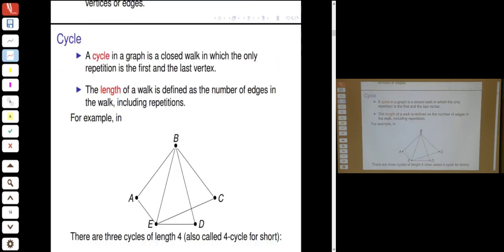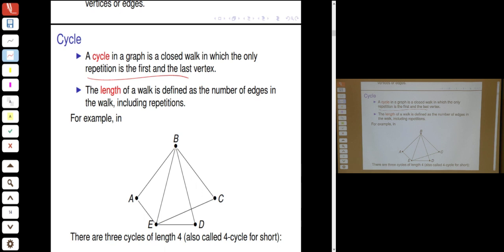So what is a cycle? A cycle is a closed walk, so it starts and ends at the same vertex, but the only repetition is the first and the last vertex. Since the walk starts and ends at the same vertex, of course it's not going to be a path, because the starting vertex is repeated, as the starting vertex is the same as the ending vertex.